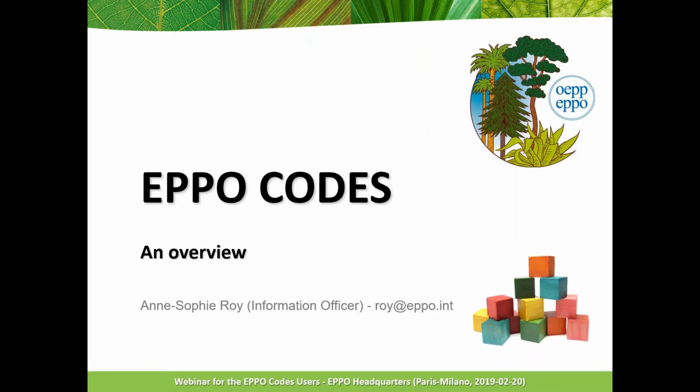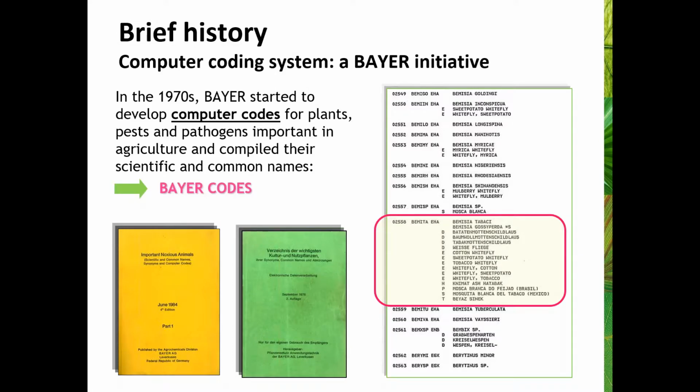Okay, so a very brief history of the codes. In fact, this computer coding system was invented by Bayer in the 70s. And so Bayer started to develop many computer codes for plants, pests and pathogens that are important in agriculture.